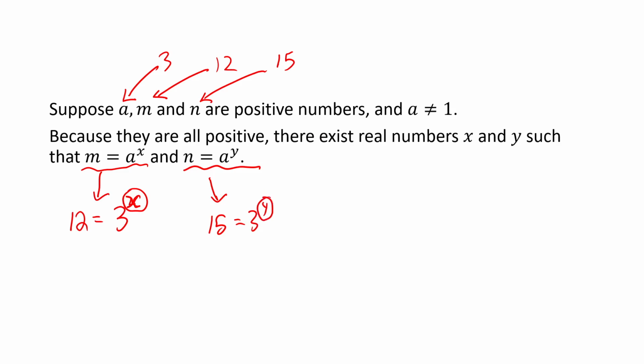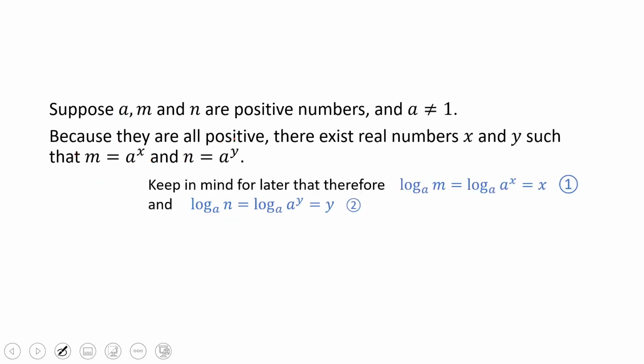We don't know what the value of x and the value of y are, but we don't have to right now. We just know that if we let a, m, and n all be positive numbers, that there will be these values of x and y that make these two statements true. So if we can live with that, then we can move to the next step.